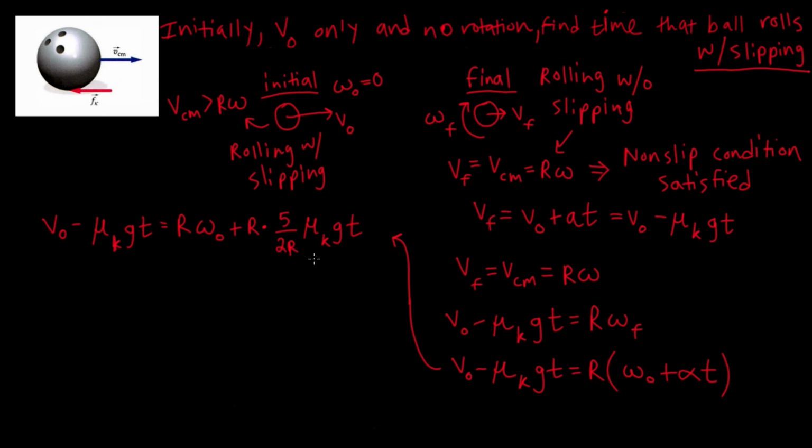And now let's simplify this down a bit further. Notice that in the beginning I said that initially the ball has only v naught, so it only has translational velocity and it has no rotation. So it has only v naught and no rotation, meaning that the initial angular speed is 0, meaning this term right here goes to 0, because multiplying an angular speed of 0 times r gives us 0.